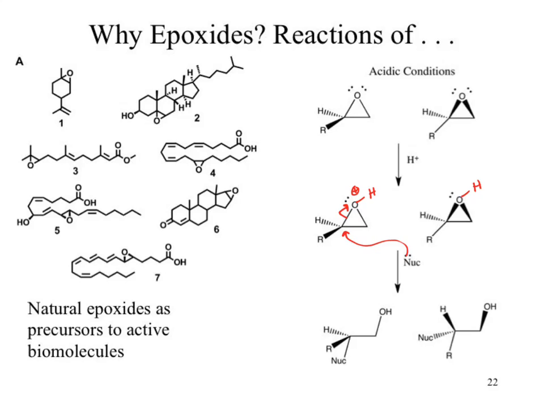That's what happens when you try and draw at the same time. Attacks our most substituted position, and we end up with our alcohol as our final product, and you'll notice the alcohol ends up on the other carbon, on our least substituted position. The nucleophile is on the most. The stereochemistry that comes out of this is dependent on the stereochemistry of the epoxide.